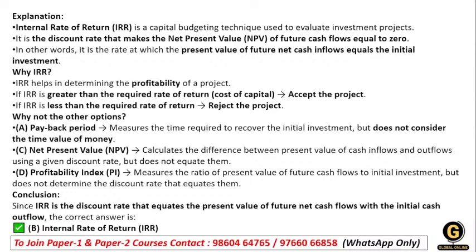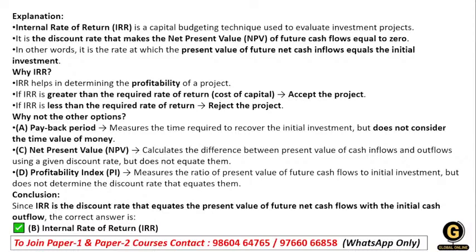So here is the solution: what is internal rate of return? As you know, this technique is used in investment budgeting. The internal rate of return is where your NPV equals 0. When your NPV reaches the point of 0, then our internal rate of return is calculated.